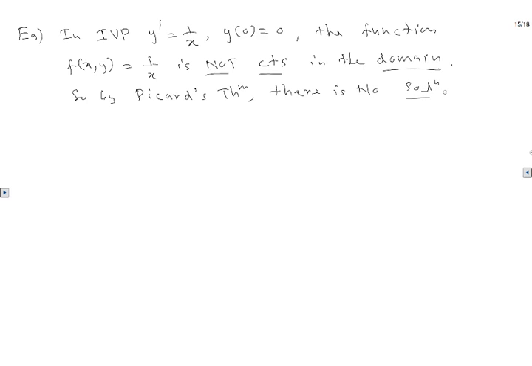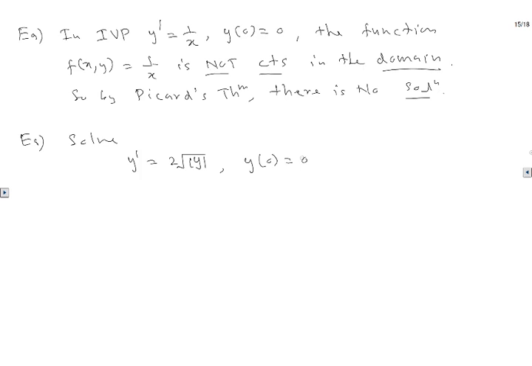Let's also look at another problem. So the next example: solve y prime equal to 2 times the square root of the absolute value of x, with y(0) equals 0.